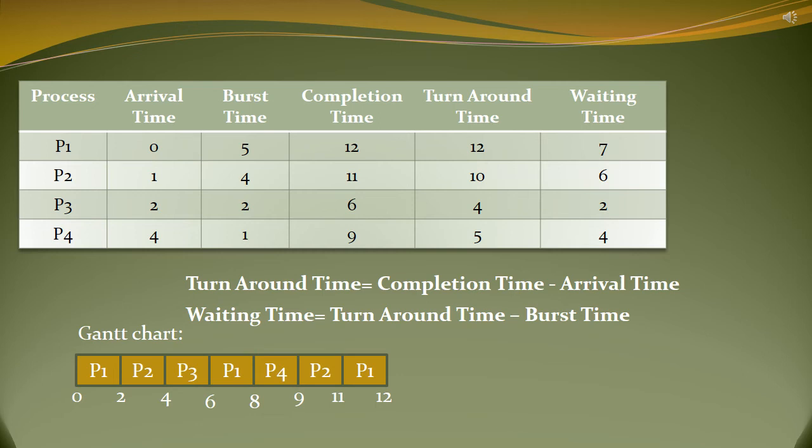And for process P2, the waiting time will be 10 minus 4 equal to 6. And for process P3, the waiting time should be 4 minus 2, that is turnaround time 4 minus burst time 2 equal to 2. And for process P4, it will be 5 minus 1 equal to 4.